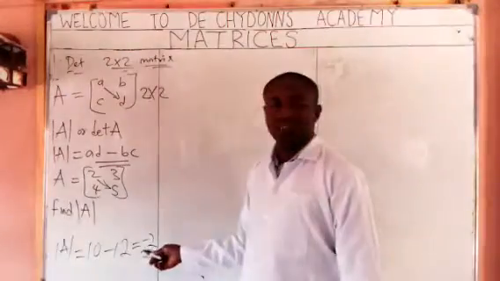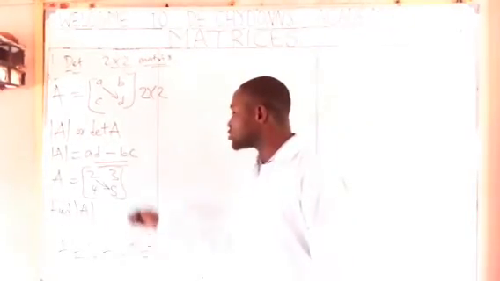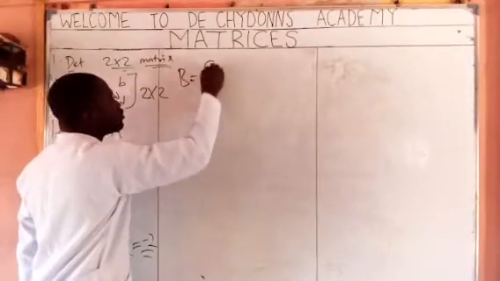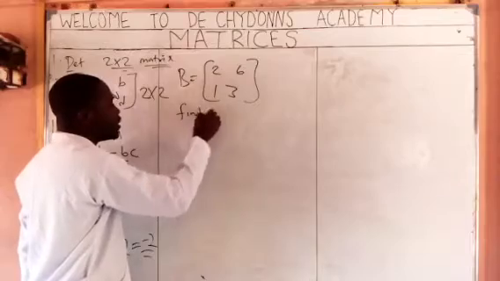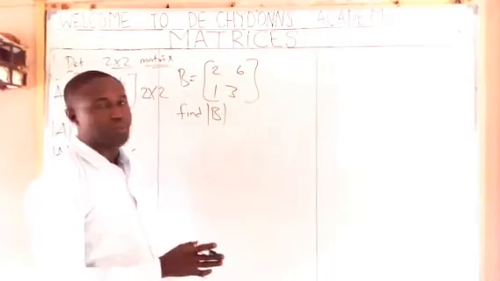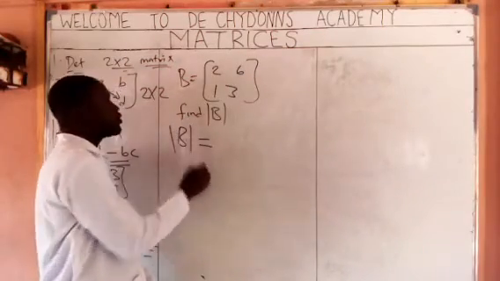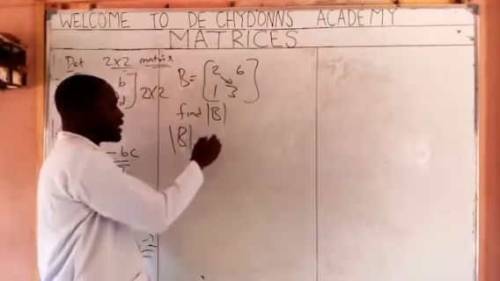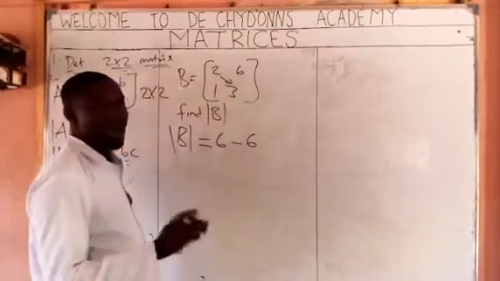Because the answer is not 0, you say this is a non-singular matrix. But what if they say, given matrix B equals to 2, 3, 6, 1, and they say find |B|? It simply means find the determinant of matrix B. You say |B| equals to the product of the diagonal elements, 2 times 1, 2, minus 3 times 6, 18, and subtract.